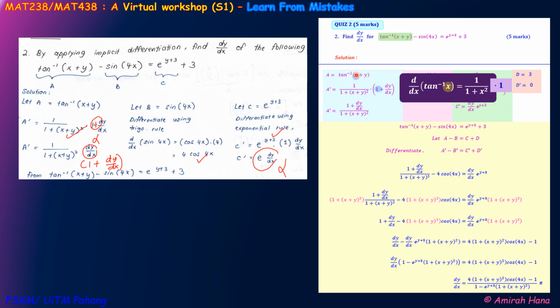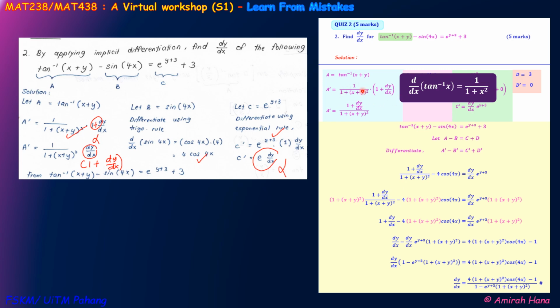And then plus, kita follow saja plus, and then differentiate y with respect to x dapat dy over dx. Now we have more than one term, so must put bracket. Differentiate x plus y dapat 1 plus dy over dx. Buat dalam bracket because more than one term, and then operation kat sini darab. Yang ini 1, sebab itulah tak nak tulis pun tak apa.